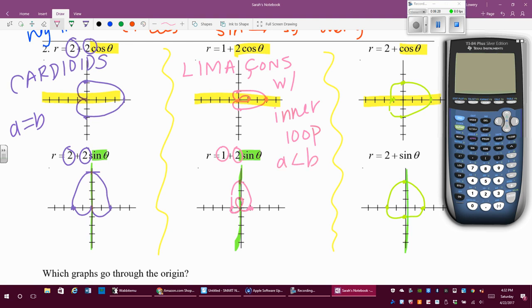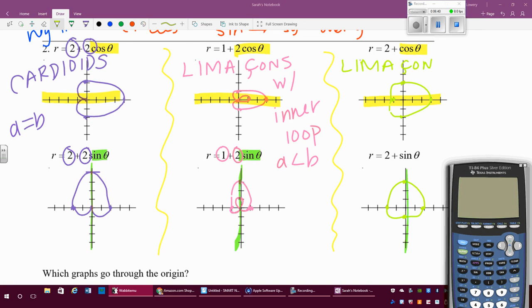In other words, A is less than B. This third function over here is also called a limacon, but this limacon is called a dimpled limacon. It doesn't have an inner loop, it just has kind of a flat edge. This is going to happen anytime this number is bigger than the number in front. In other words, A is bigger than B.